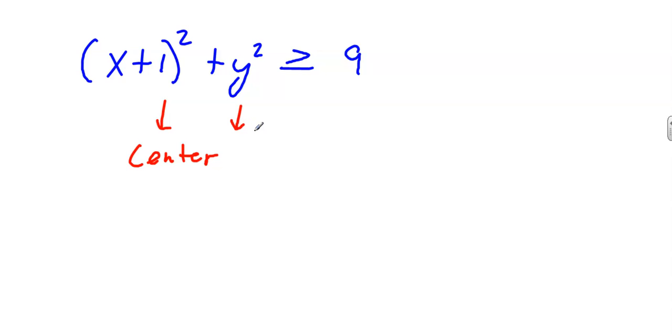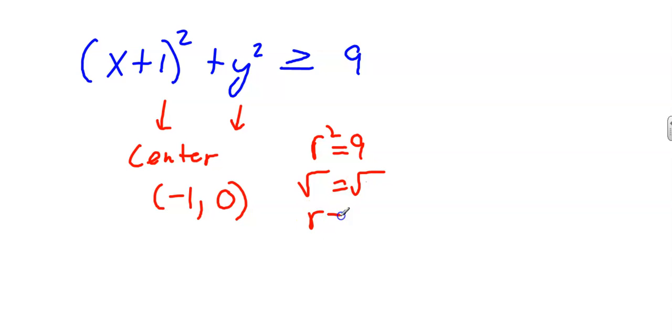Okay, so for the center, take the two numbers that are with x and y. In this case, it's positive 1. We're going to change it to negative 1. There is no number with the y, so that makes it 0. And again, r² is 9, so when you square root that value, you get that your radius would be 3.